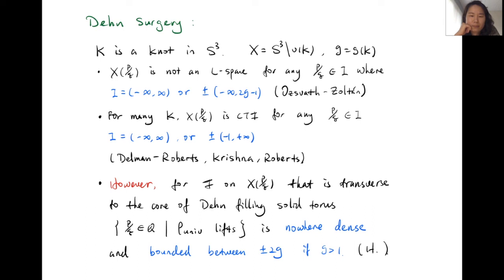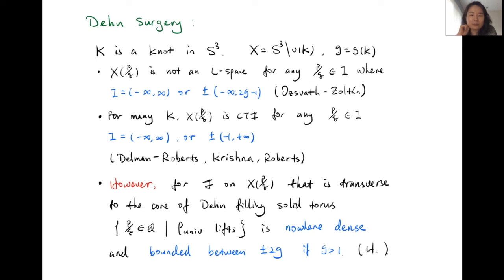Then moreover, when g is bigger than 1, this set of slopes is also bounded between plus or minus 2g. And what happens when g equals 1 is you do get arbitrarily large slopes, but those slopes are only integer slopes. Okay.